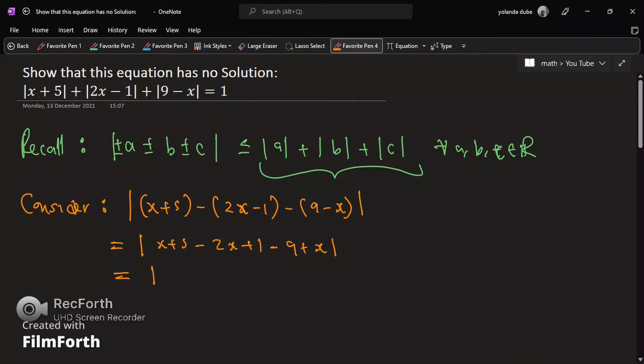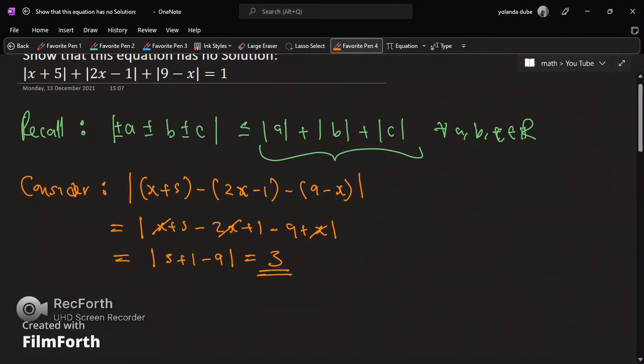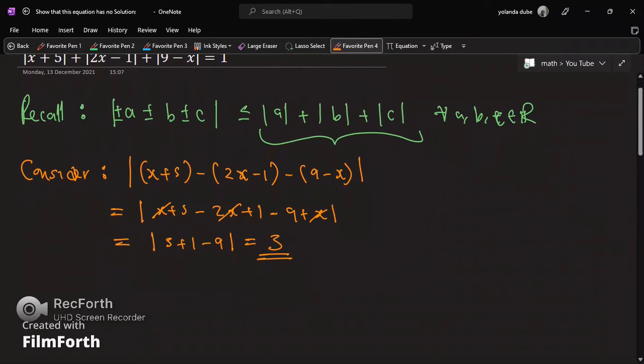So x plus x is 2x minus 2x, so all the x terms cancel, and we remain with only 5 plus 1 minus 9, which simplifies to give us minus 3. Sorry, so it gives us 3 there, in absolute value, you see.